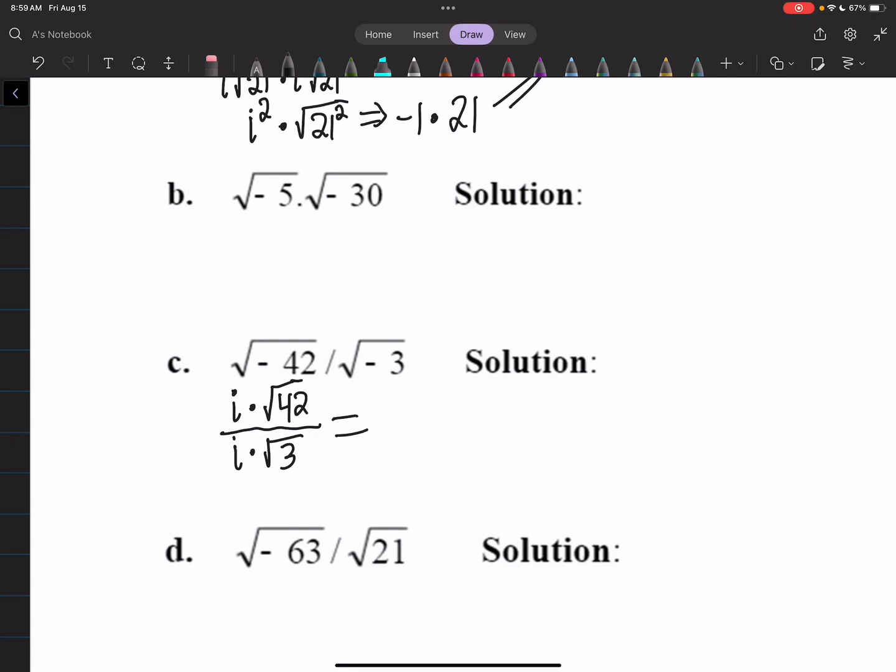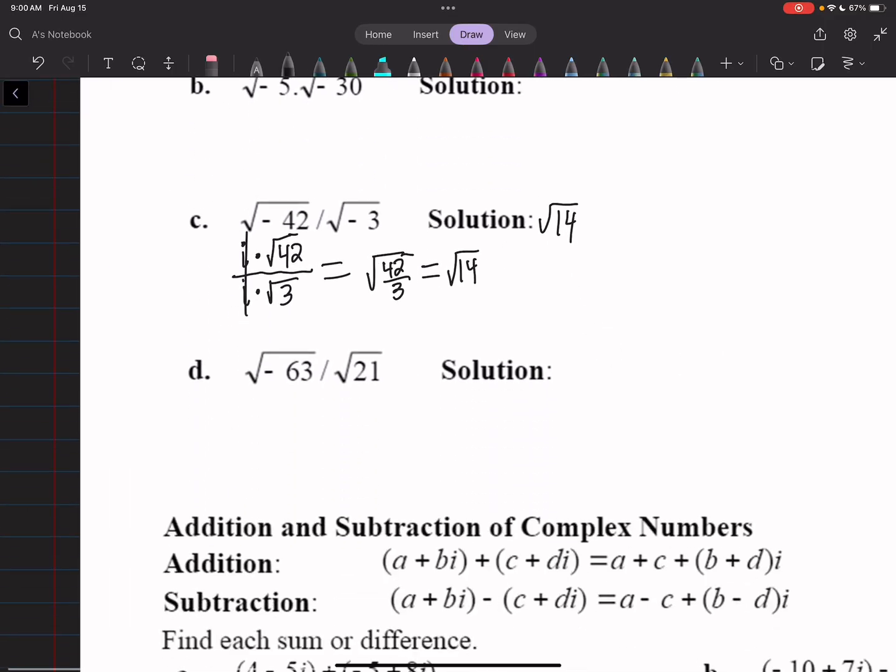This is going to give me the square root of 42 over 3, which is 14. Your i's cancel. And my solution is the square root of 14. Try D.